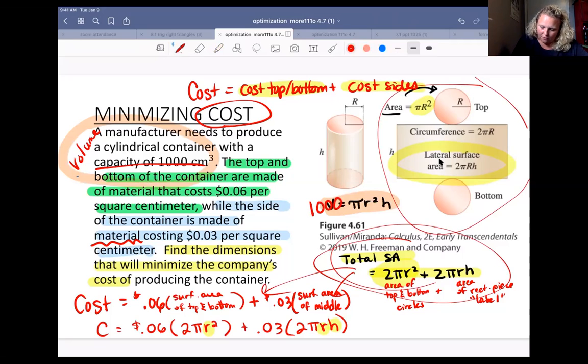So you can solve this volume formula for R or H, but it would make more sense to solve it for H, especially if you look at there's an R, there's an R, there's an H, just like before. If the H weren't there, it would be fantastic. So you could say that 1,000 over pi r squared is H, and we can plug that in for there. And then it gets crazy with some algebra.